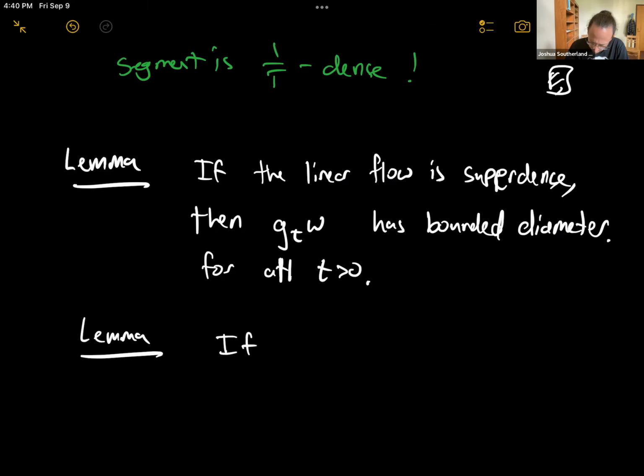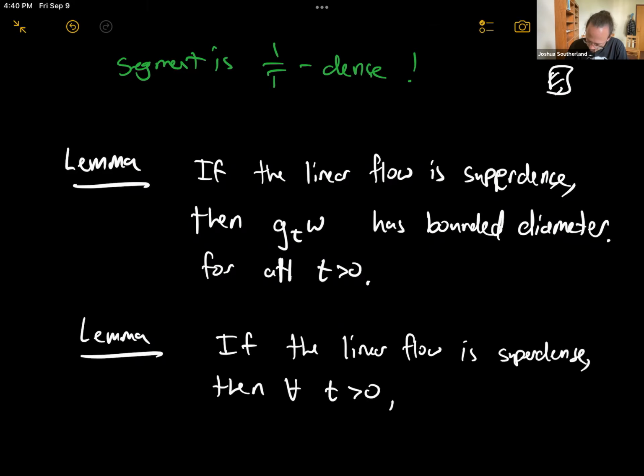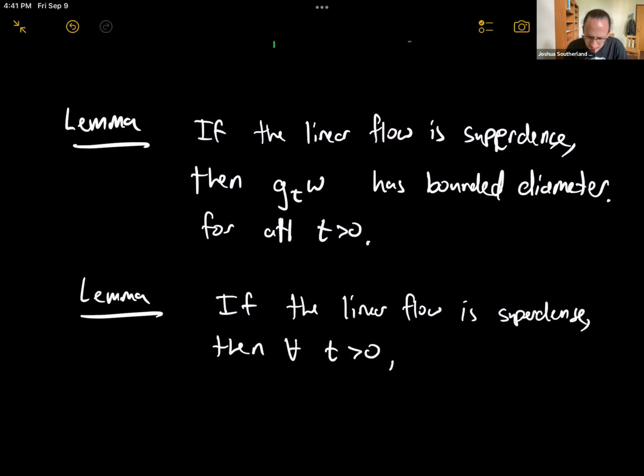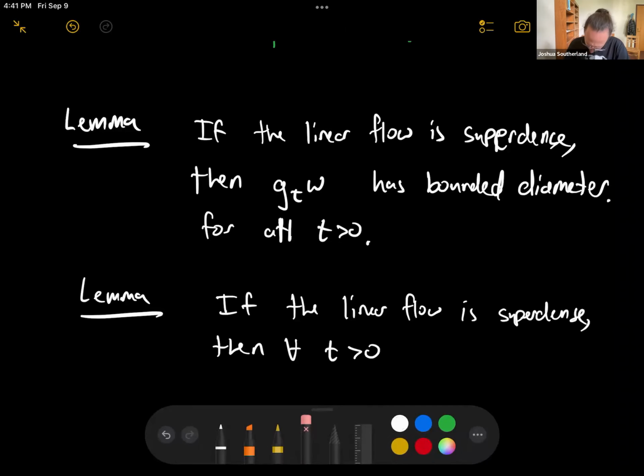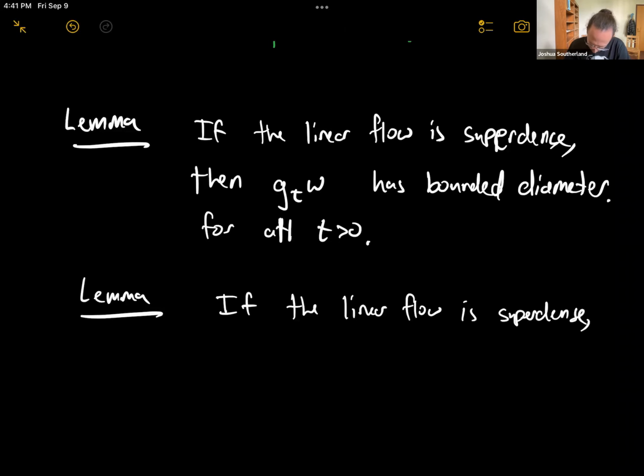So if the linear flow is super dense, then for any t greater than 0, we can't have a saddle connection.